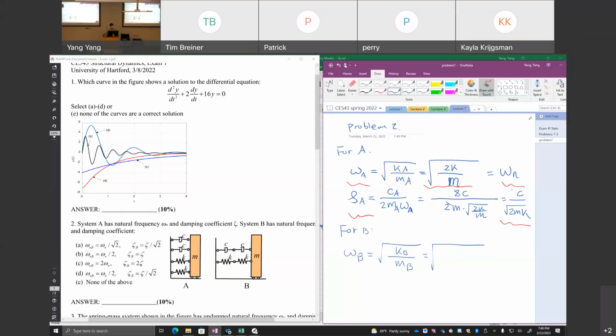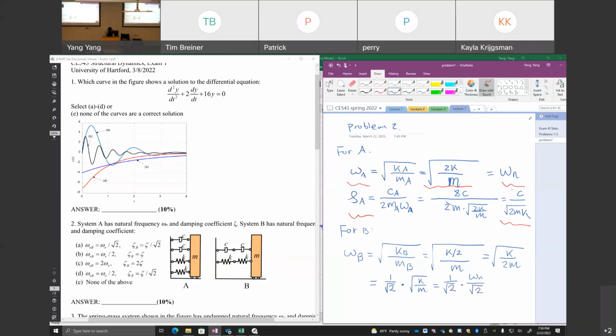We have two springs in series, so that should be K over 2 over M B, which is equal to 1 over square root of 2, where the square root of K over M should be equal to omega n.